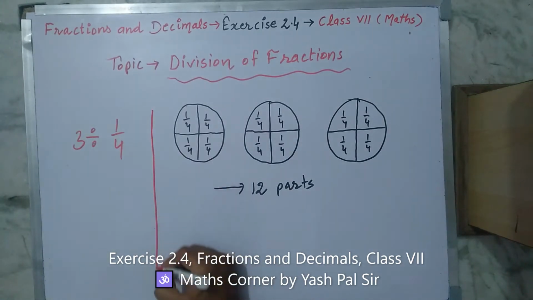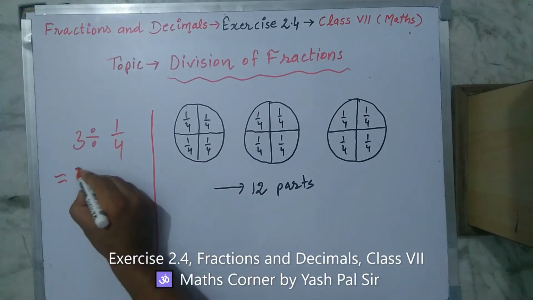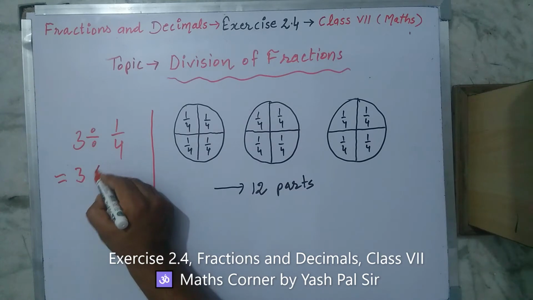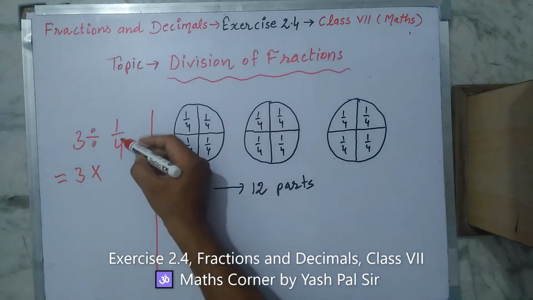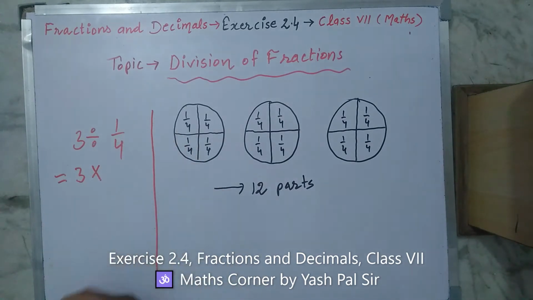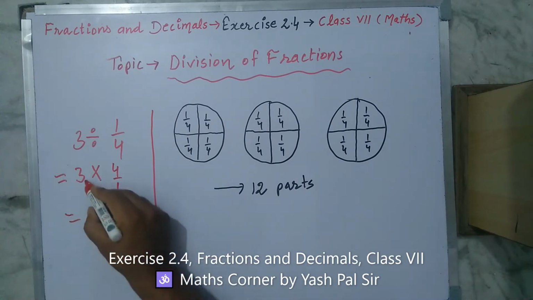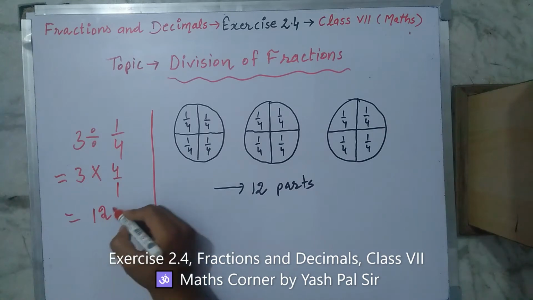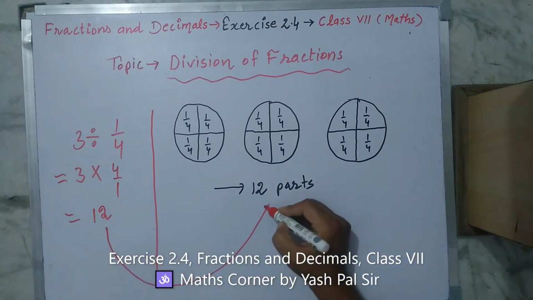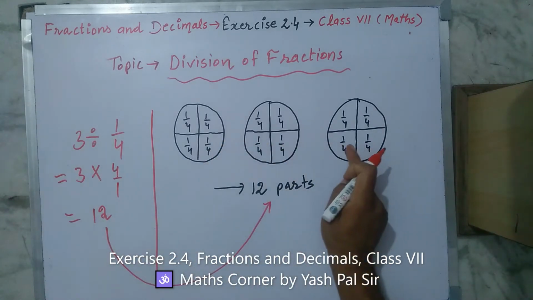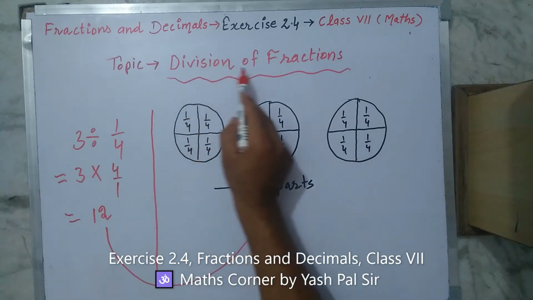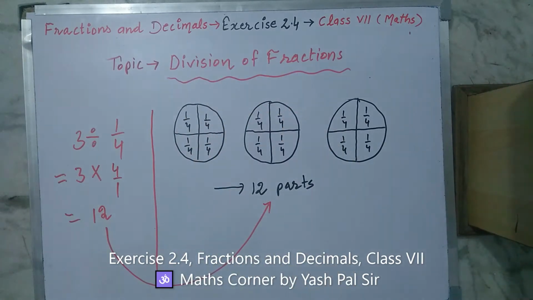We write 3 divide, convert into multiplication. What is the reciprocal of 1 upon 4? This is 4 upon 1. So the answer is 3 into 4, 12. So this 12 means 12 parts. This is the meaning of division of fractions.